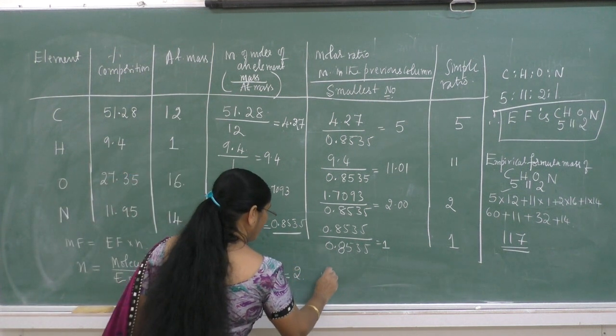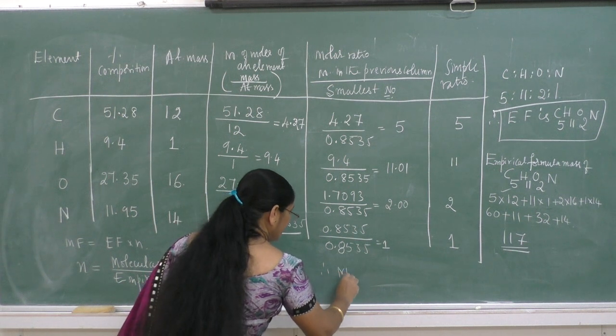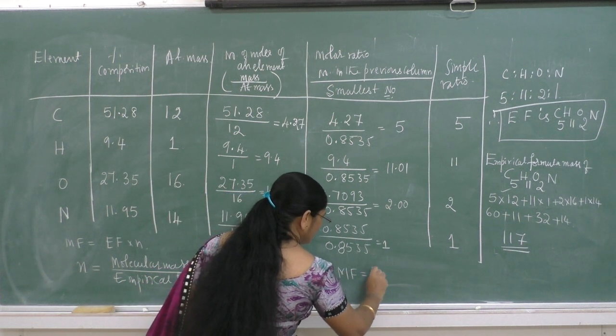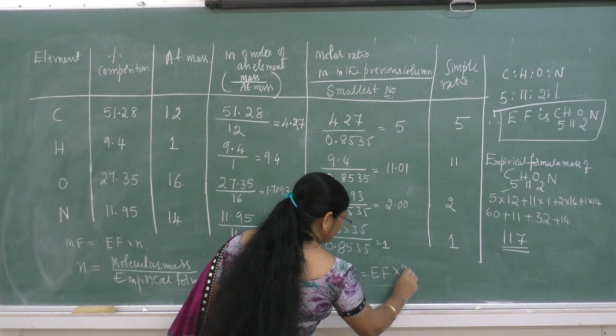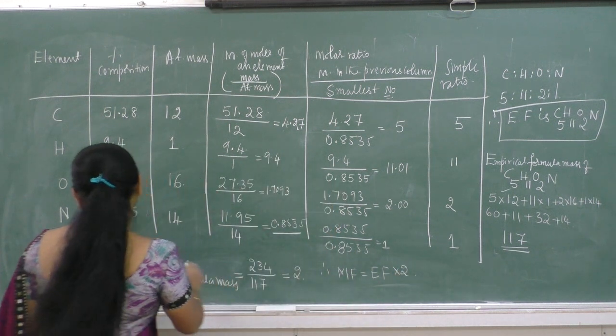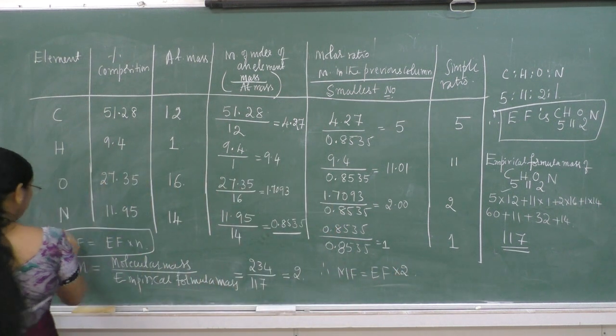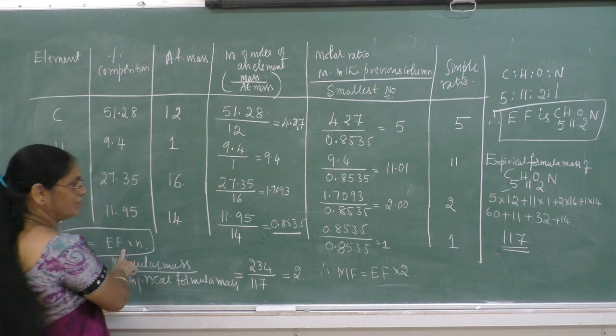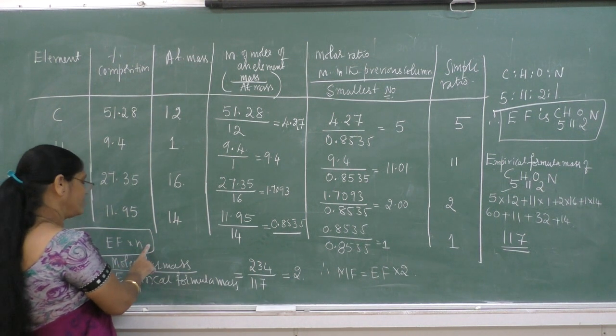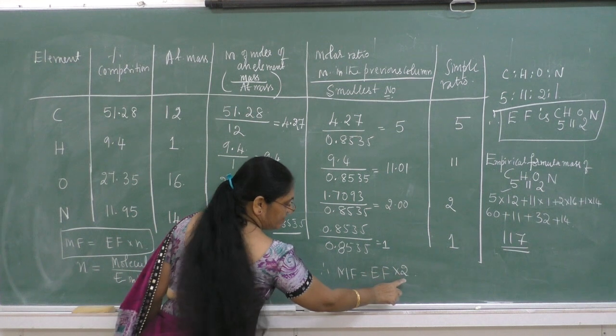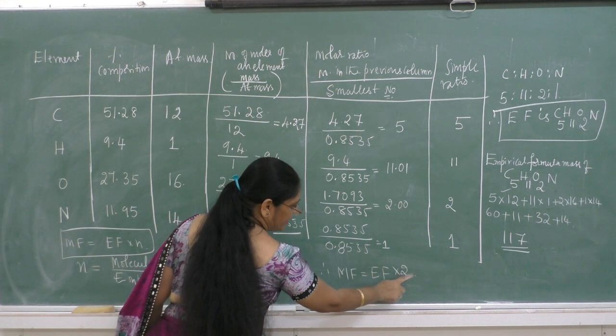Therefore the molecular formula is equal to empirical formula into 2. From the equation, molecular formula is equal to empirical formula into n, in place of n I wrote 2.